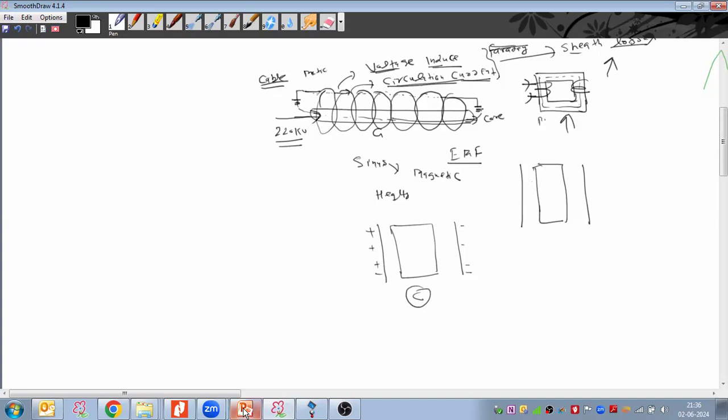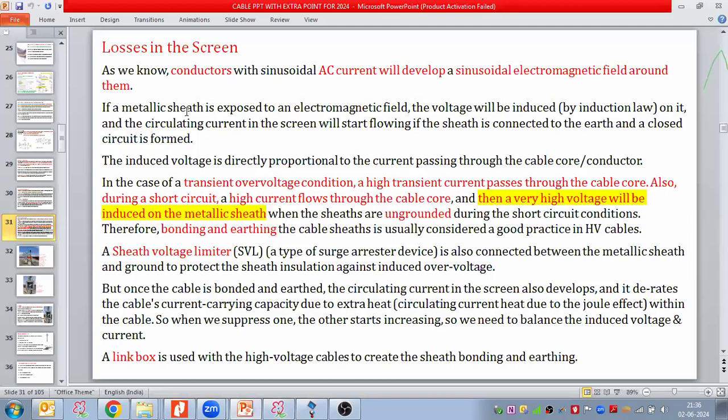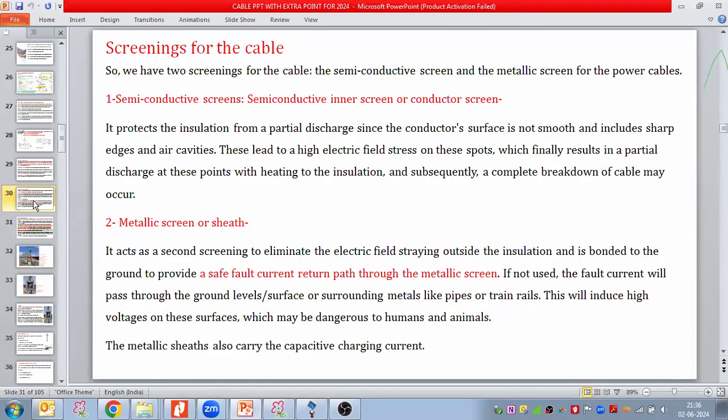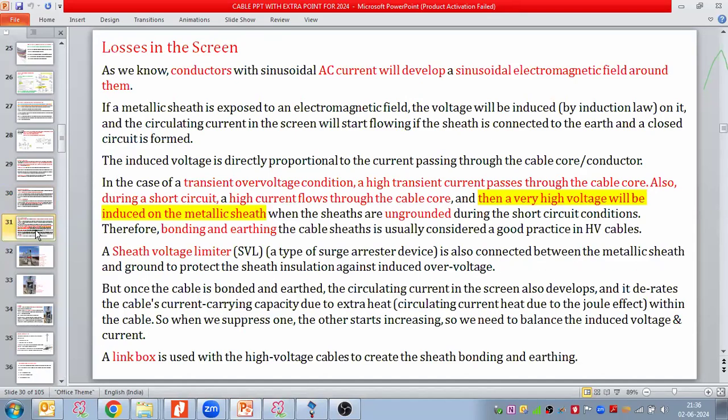Okay, let us see again this point. As we know about the screening, we discussed that there are two screenings. Now we are taking the insertion screening. As we know, a conductor with sinusoidal AC current will develop a sinusoidal electromagnetic field around the conductor. This is statement number one.